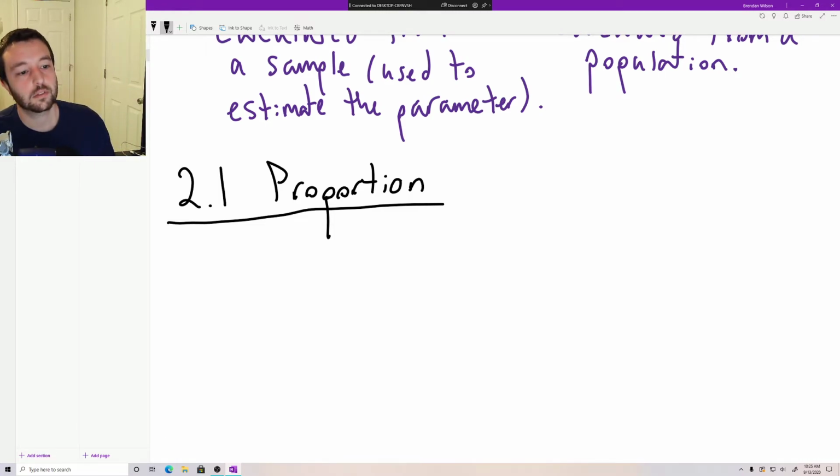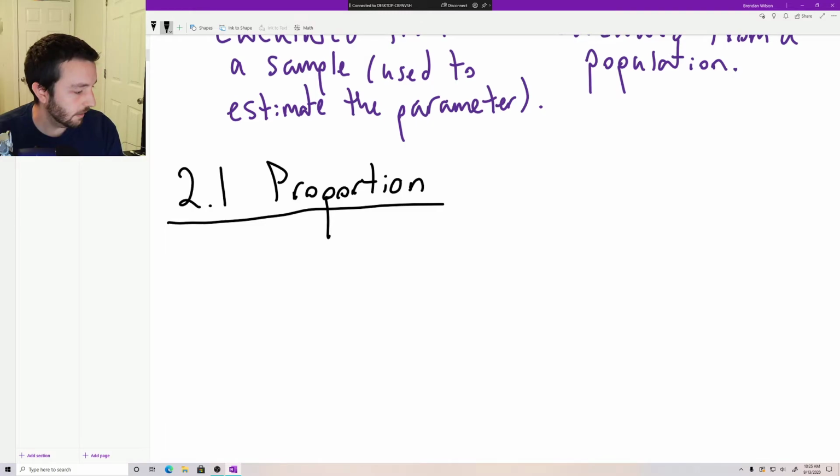Proportion. So this could be, for example, going back to the test scores, what's the proportion of people who got an A? What's the proportion of people who got a B, etc.? So hopefully you've dealt with proportions at some point. If you've taken Math 099, developmental math, you've seen them there. Maybe you don't remember it being called this, but it's essentially a fraction, right?